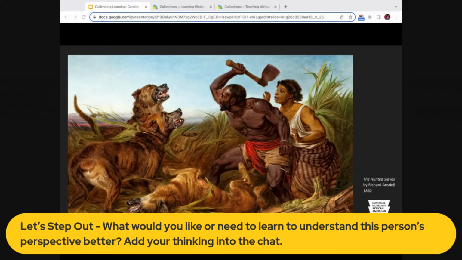For that, it's continuing to read slave narratives, ones done in the 1800s, 1900s, as well as ones done later on through the WPA, the Works Progress Administration, in the 1930s, 1940s. Those are places where I would feel I need to learn better to understand this person's perspective.